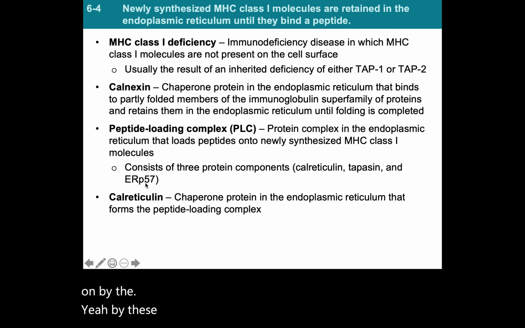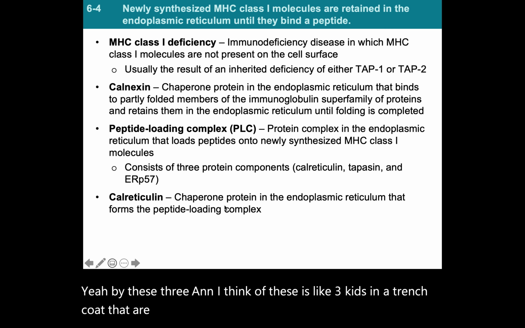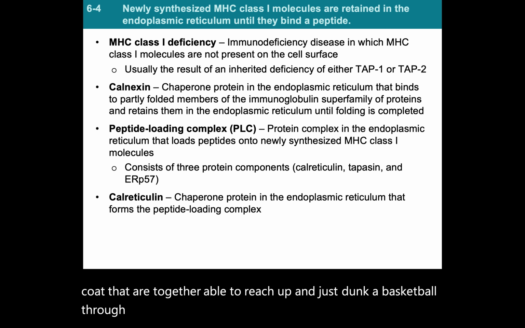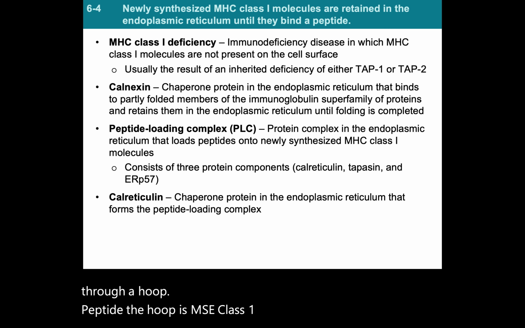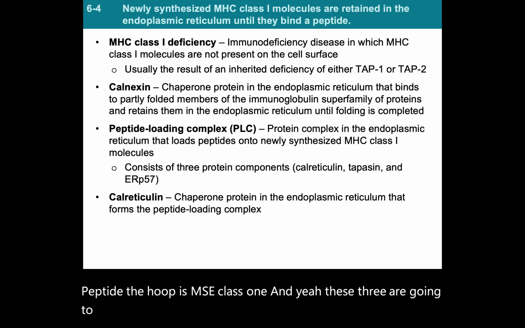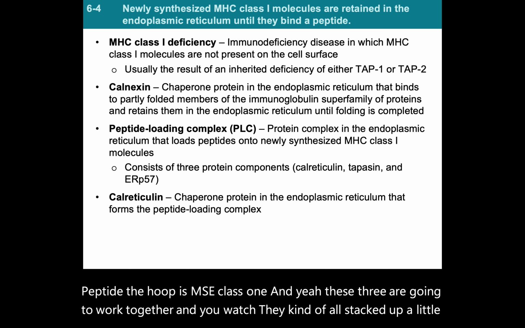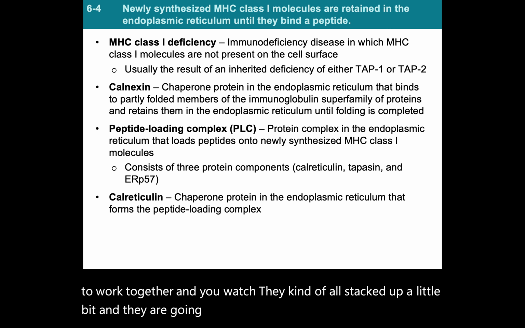I think of these as three kids in a trench coat that are together able to reach up and dunk a basketball through a hoop. The basketball here is the peptide, the hoop is MHC class 1, and these three are going to work together, and you watch, they're kind of all stacked up a little bit, and they are going to end up dunking that ball. Something that I could never do, but oh well.